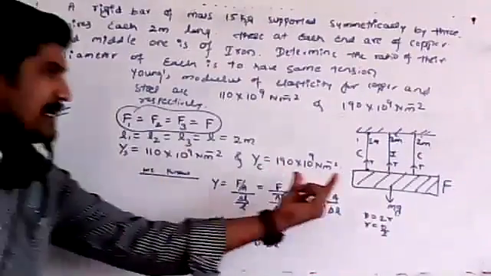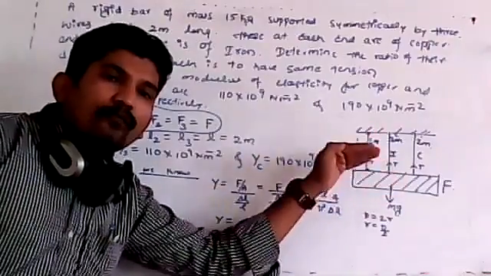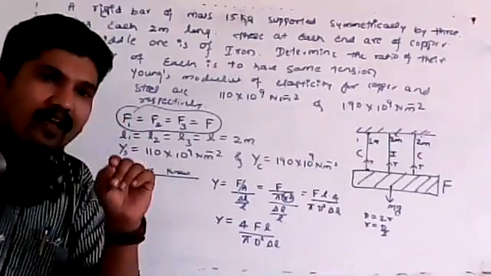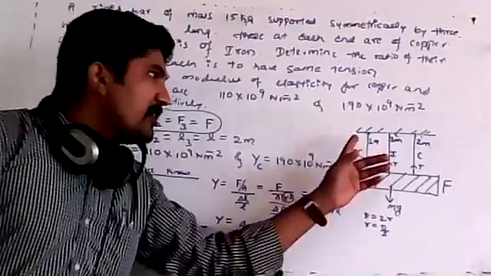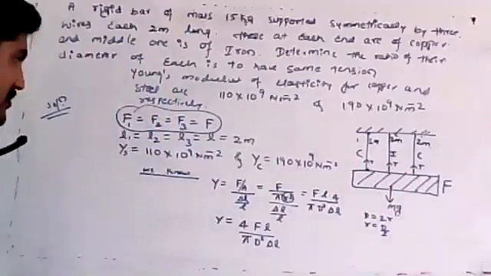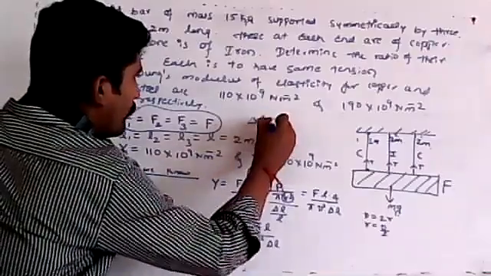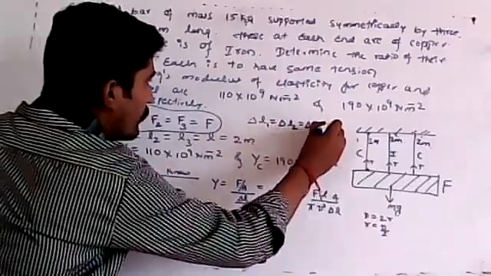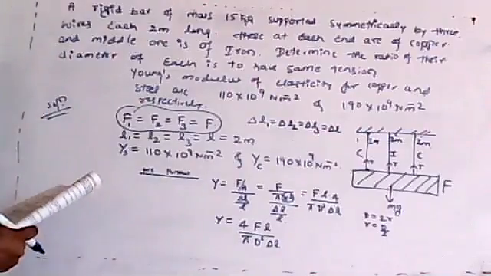Remember, students, I clearly mentioned that when an equal amount of force acts on all 3 wires, the strain is also the same in every wire. It means delta L1 is equal to delta L2, which is equal to delta L3, nothing but delta L. That is the same. Can we write like this?